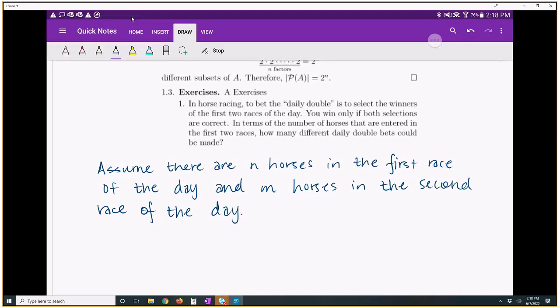Then we know that we're going to use the rule of products here, and we'll say there are n times m different daily double bets that can be made.